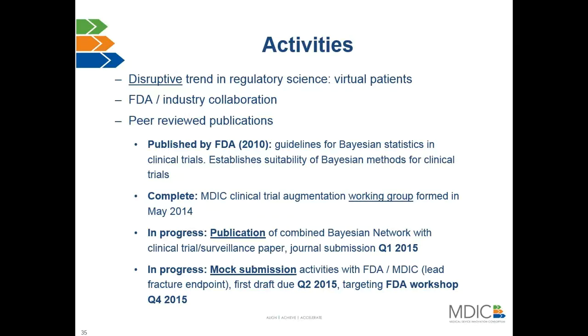The work that's happening in the Augmenting Clinical Trial Working Group at the MDIC was started in May 2004. There's a publication that's going on related to development of these methods, and that's being co-authored by industry and regulatory, or FDA.